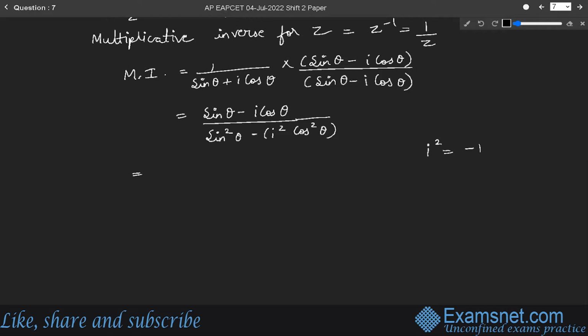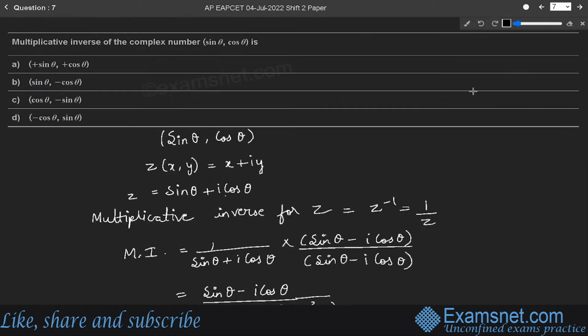So the terms become sine theta minus i cos theta divided by sine square theta plus cos square theta. We also know that sine square theta plus cos square theta is 1. So the remaining term will be sine theta minus i cos theta. This is the multiplicative inverse for the given term.